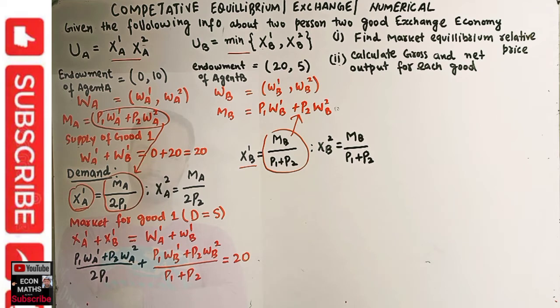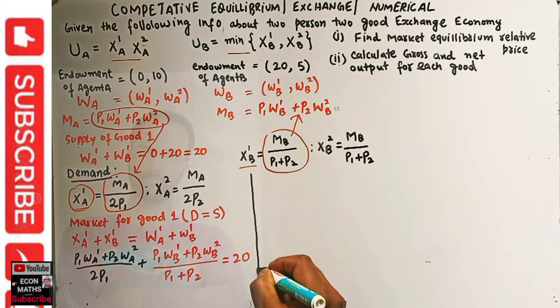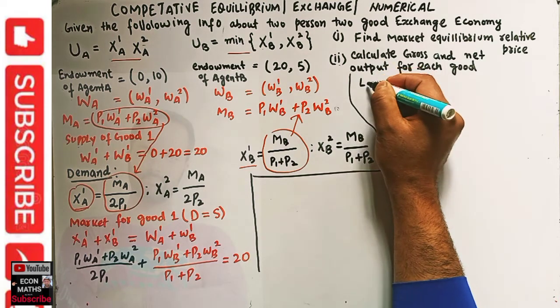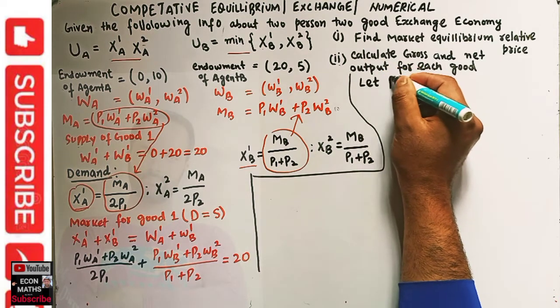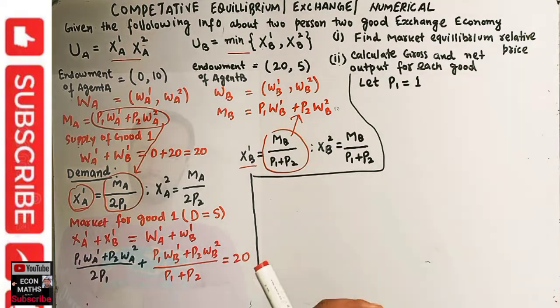Okay, now what we need to do here, we will try to assume. Let the price of good 1 be equal to 1. So we are setting p1 as numeraire here.